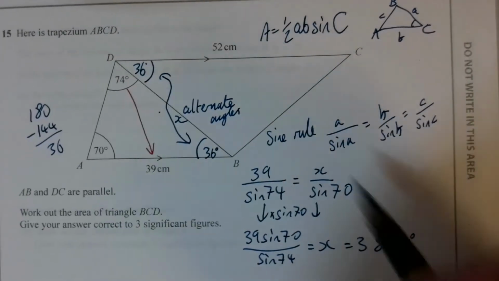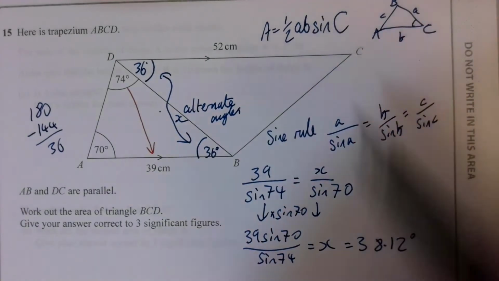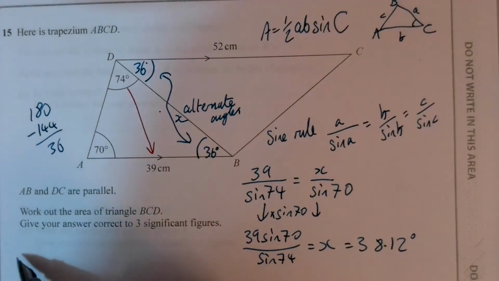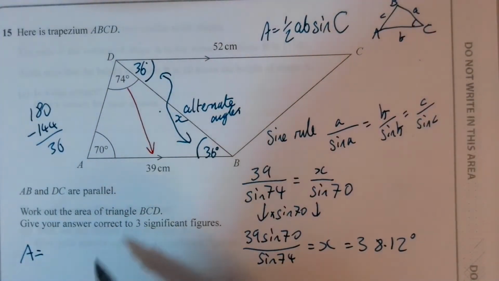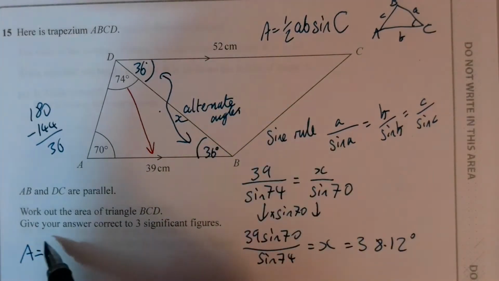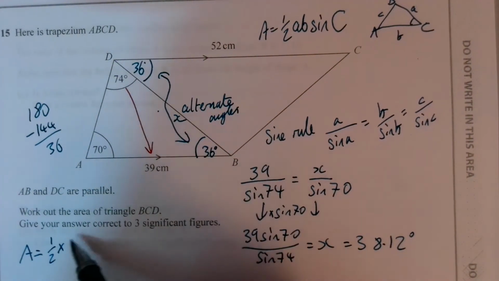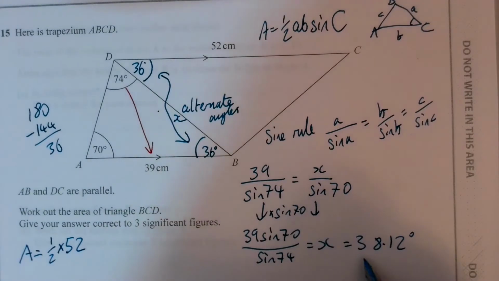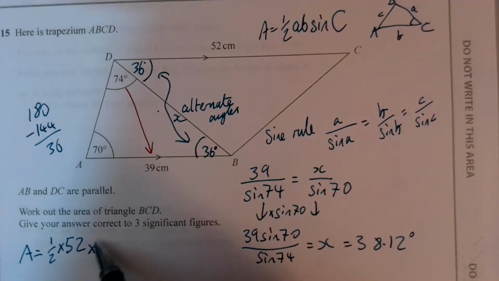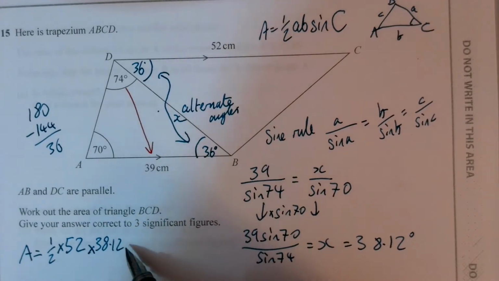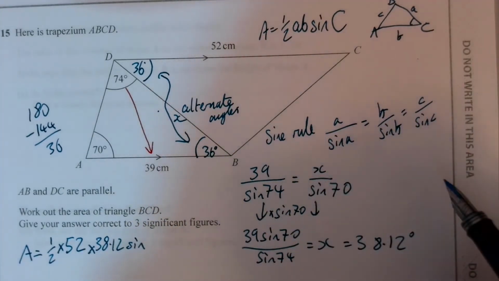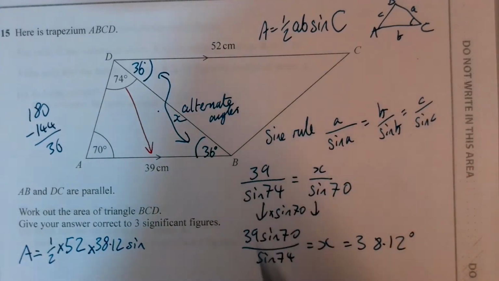I'm going to use all of that accuracy in a moment by using the answer button. So then we've got this up here for our area. Our area is going to be a half times our lengths of 52, 38.12, which I'm going to use the answer button for, and then sin, and the angle is 36, so sin 36.